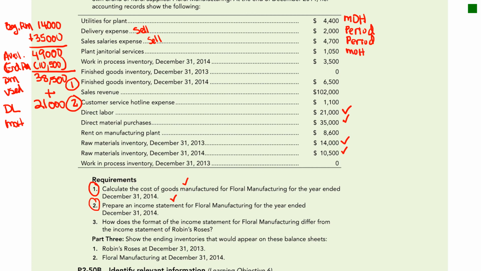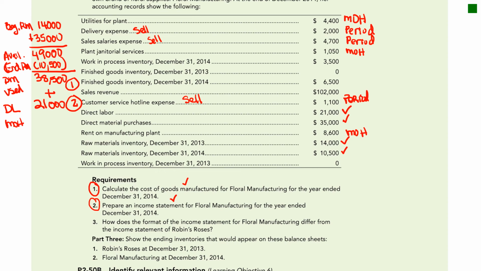That's MOH. We've got the work in process. We're going to come to that later. Finished goods, we'll need that later. So all the inventories we will use, just not yet. There's our sales revenue. We've got customer service hotline expense. Again, that's another selling cost. That'll be period. And then let's see, we've got rent. Here we go. On the manufacturing plant, that's also going to be your manufacturing overhead.